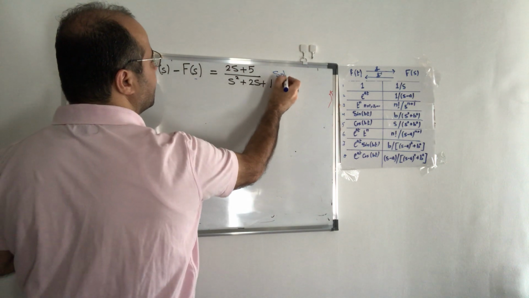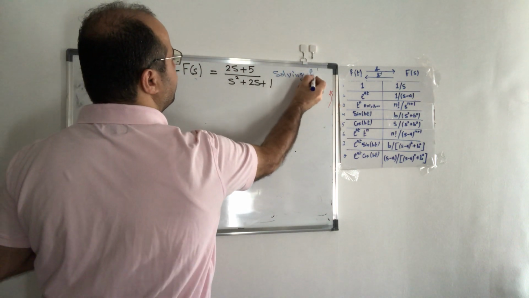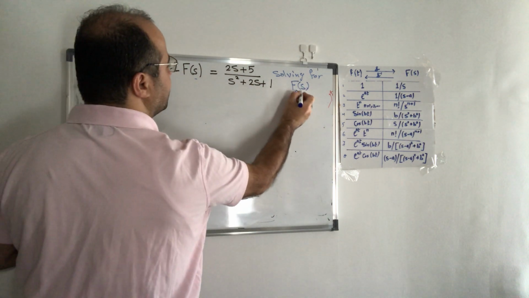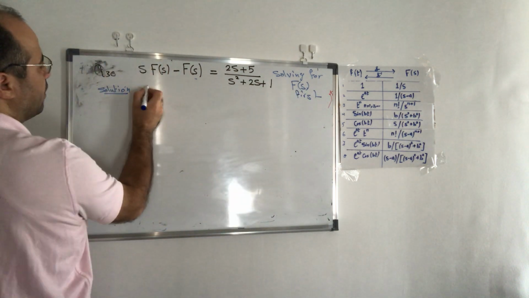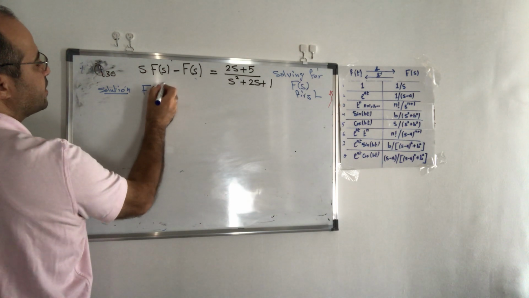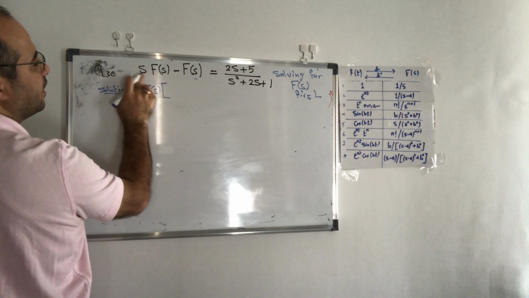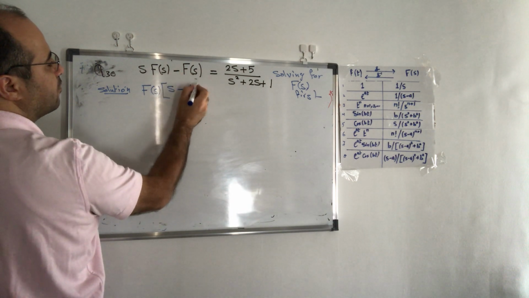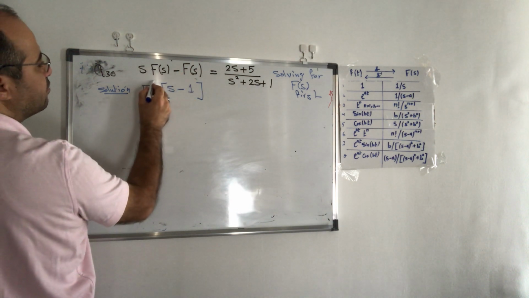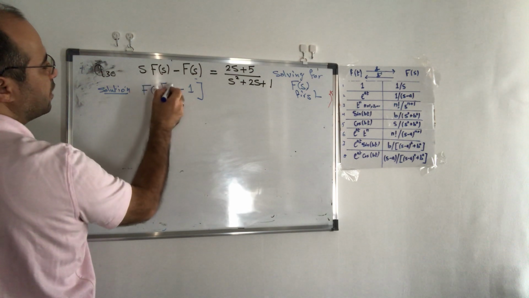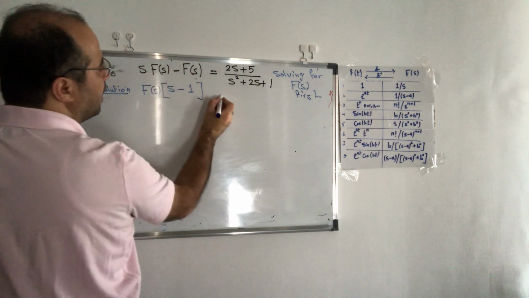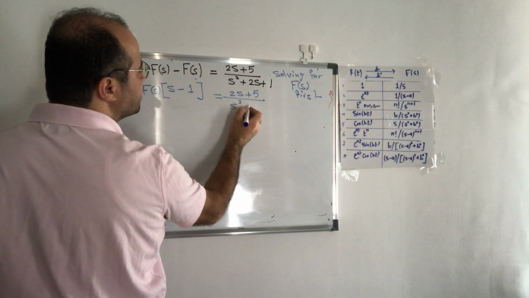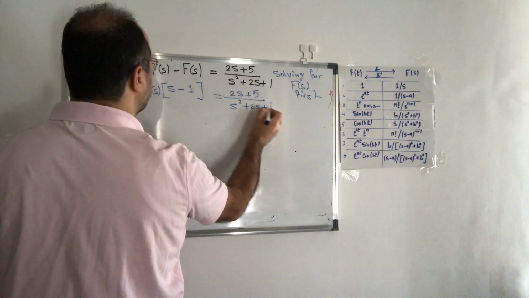I'm going to just take F of s as a common factor. Then I am left up here with s, and I am left up here with minus 1. What I did, just multiply this out. So if you multiply this out, you get that thing. And then here we have 2s plus 5 divided by s squared plus 2s plus 1, right?